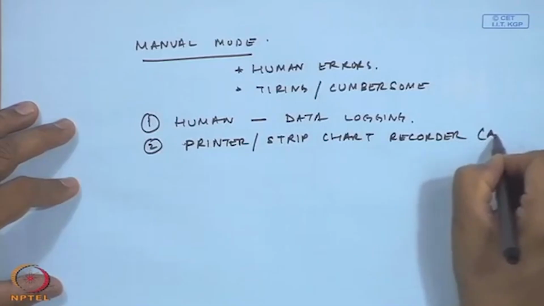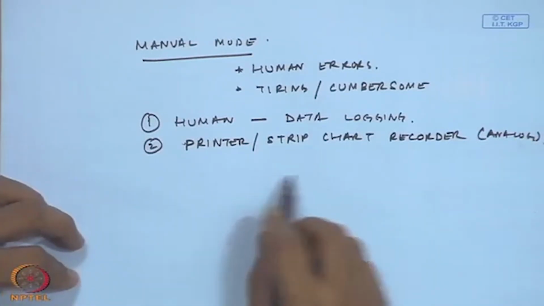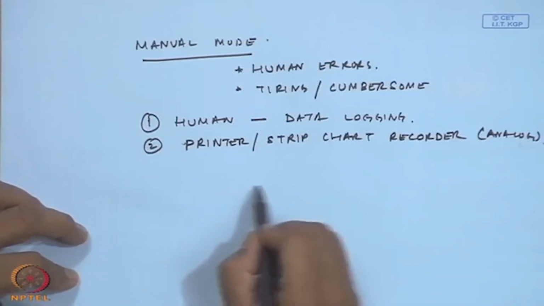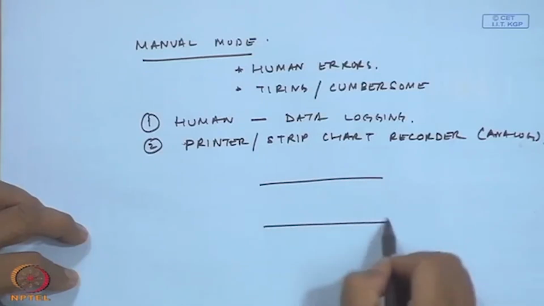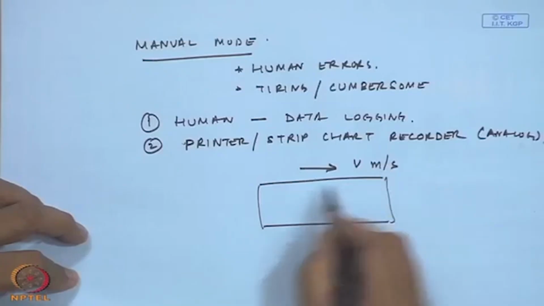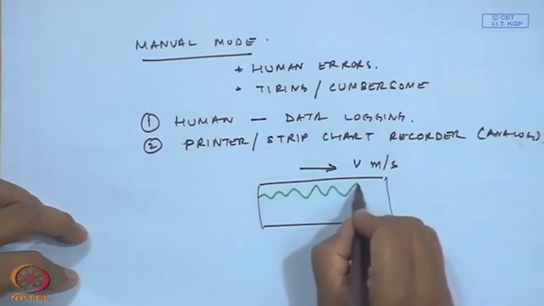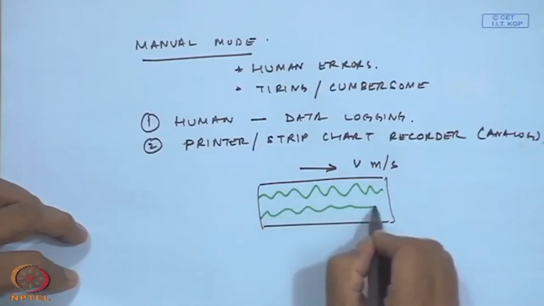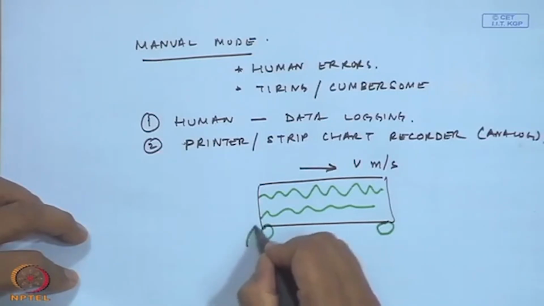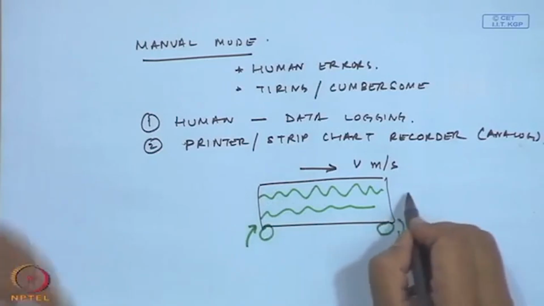These were analog, wherein there will be just a voltage signal coming out because of the parameter, and with time there will be a paper roll, which will be moving at a certain speed, v meters per second, and there will be pens on this, writing or plotting the parameters on the roll. This is essentially what a strip chart recorder is.